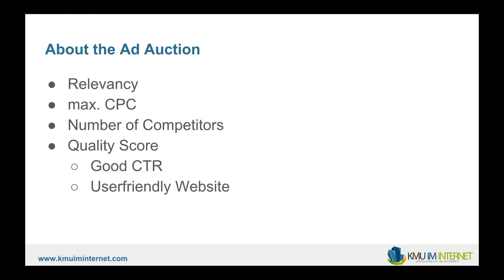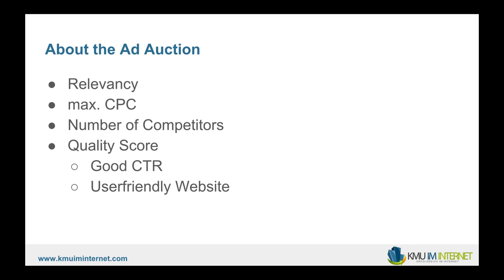That means if a user types in teeth cleaning or teeth whitening, for example, you should send your user to a landing page which contains the term teeth whitening, which has the topic teeth whitening, and you should also use the phrase teeth whitening in your ads. Then the max CPC, how much are you willing to spend for a click? That also influences the ad auction.